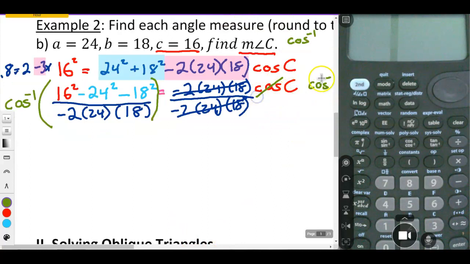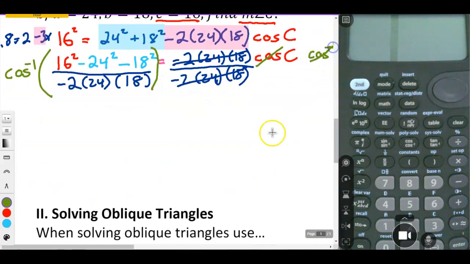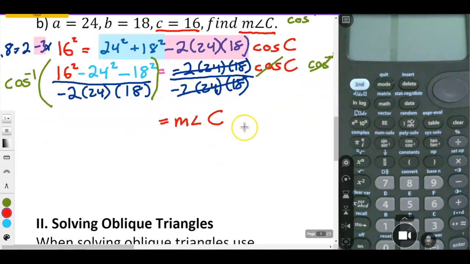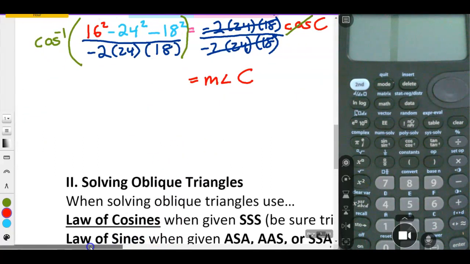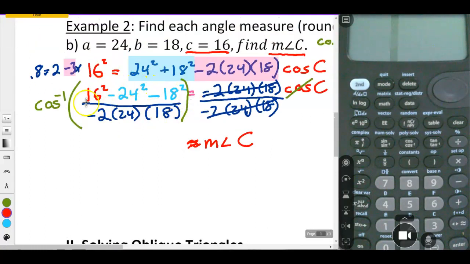The cosine and arc cosine cancel each other out, and you're left with just C. All this stuff just cancels out. You're left with measure of angle C. That's what we're trying to find. And we have this big old thing that we just need to put in the calculator.